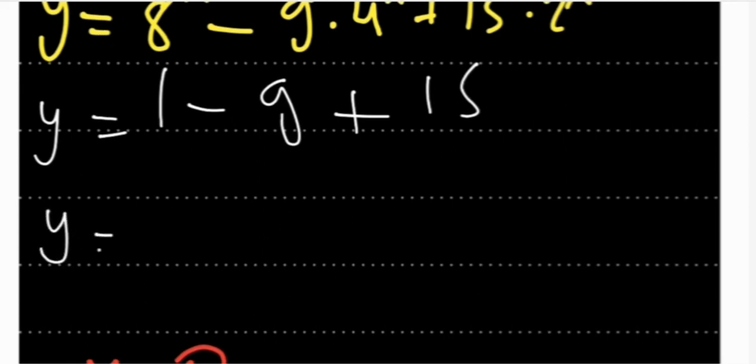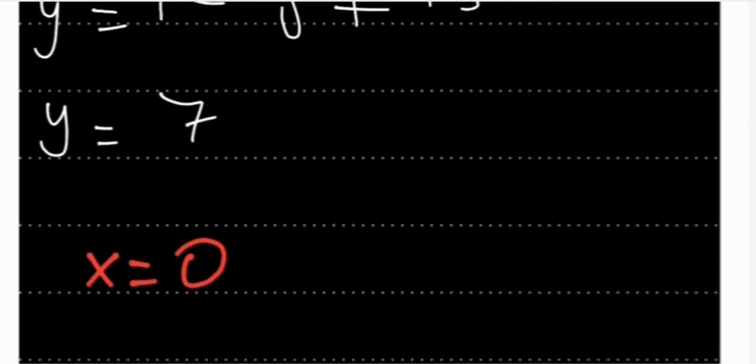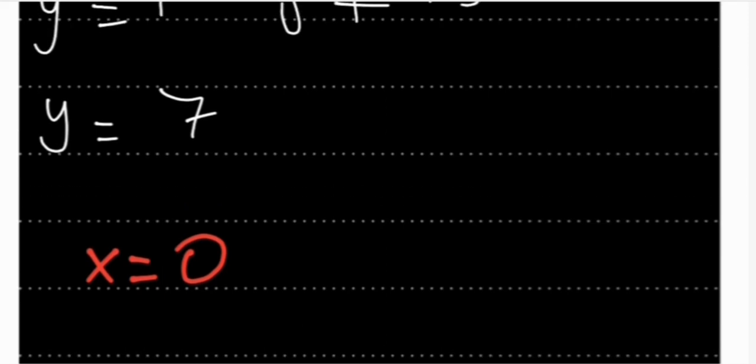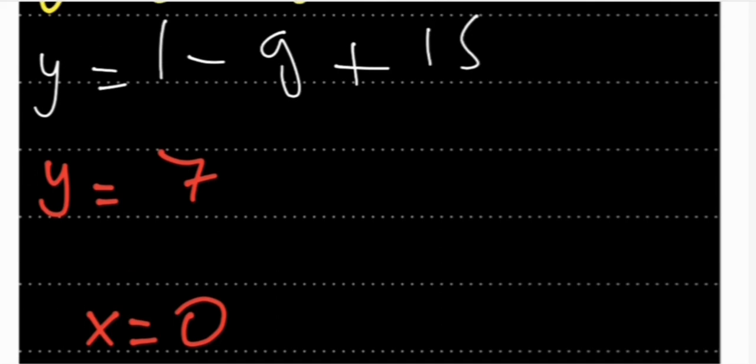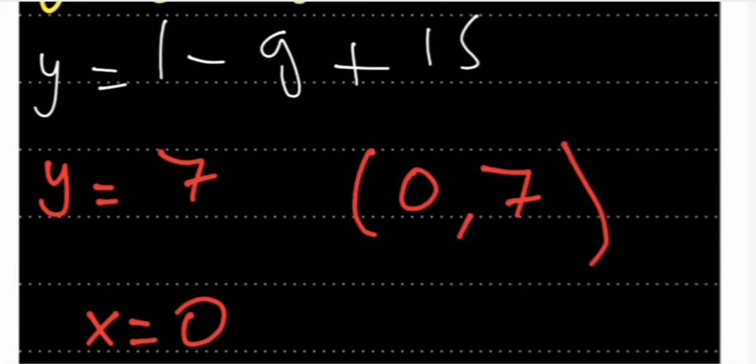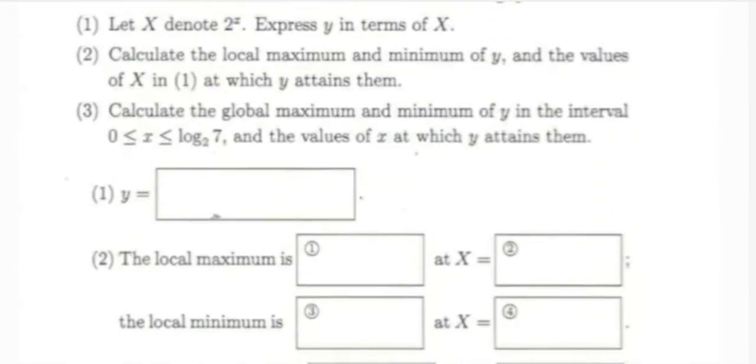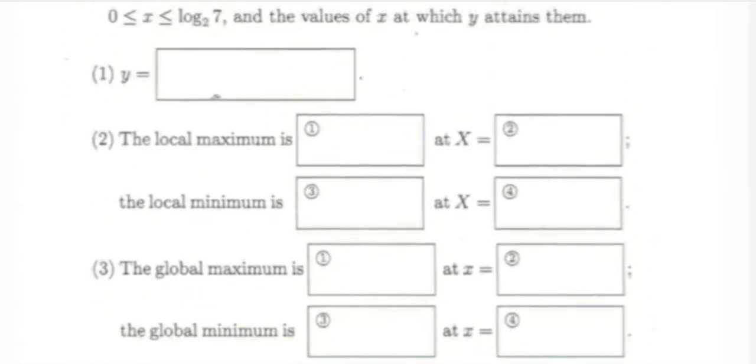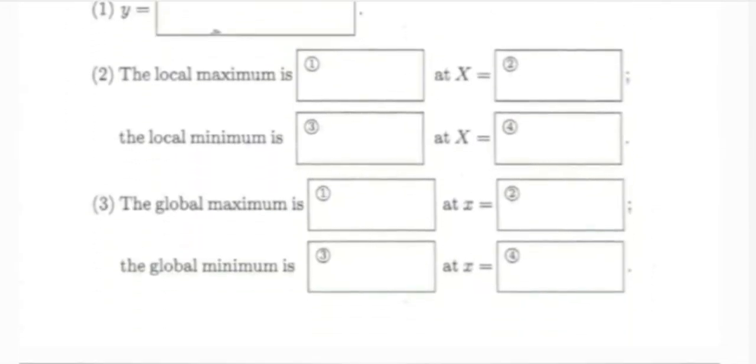So y of the global maximum is 7, okay? So we will have our point of the global maximum 0, 7, okay? So this would be the first part of the third part of this question, okay? So the global maximum is 7 at x equals 0, okay?